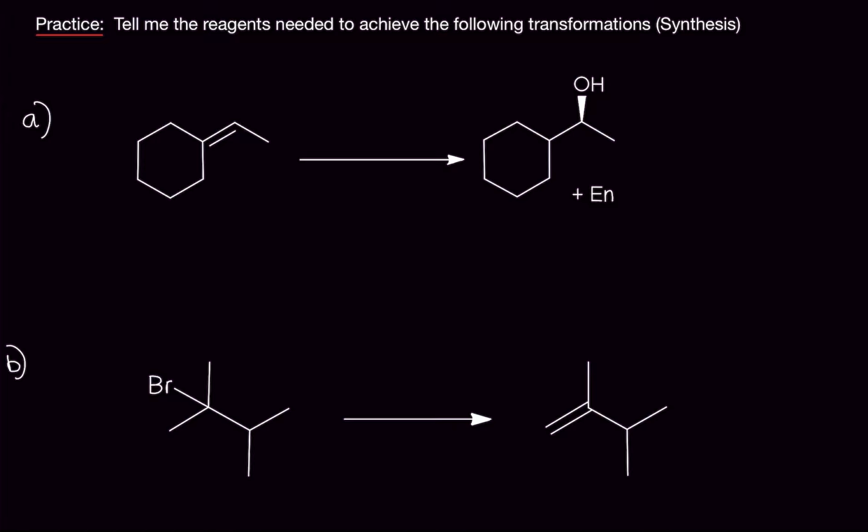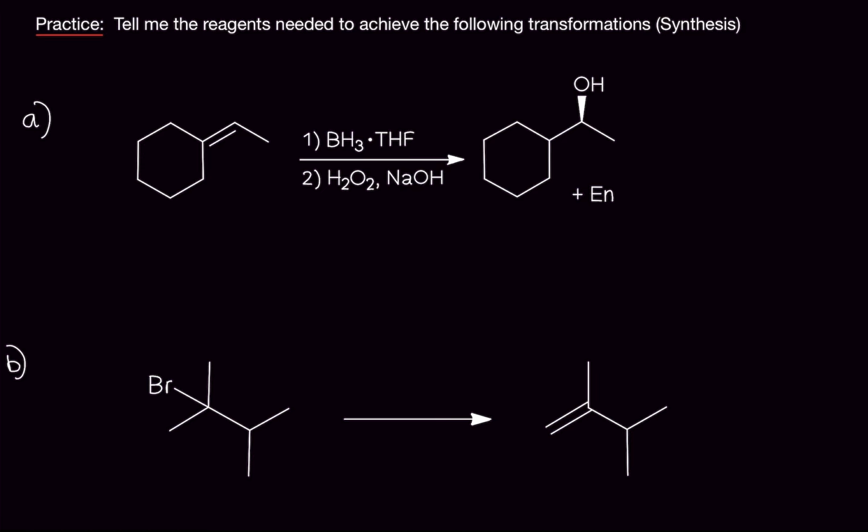The reaction we learned is using BH3, THF, H2O2, and sodium hydroxide. We are only adding one OH group, not two, so this is not a dihydroxylation. This is just one.